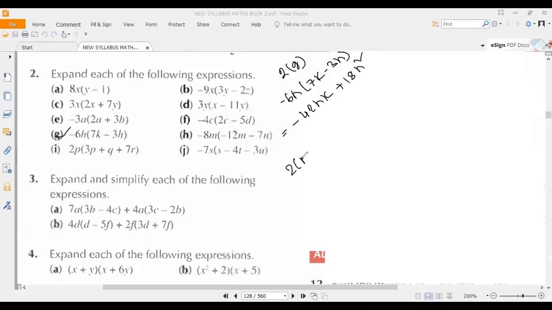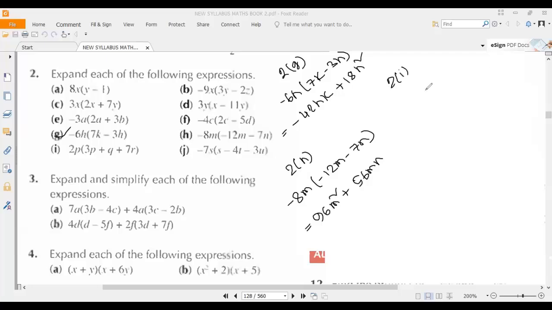Then 2h. 2h says minus 8m into minus 12m minus 7m. So minus a plus 8 12s are 96, 96m square, minus a plus 8 7s are 56mn.